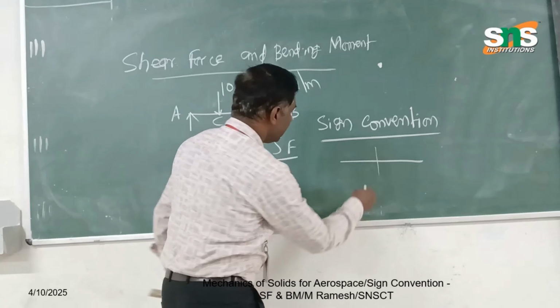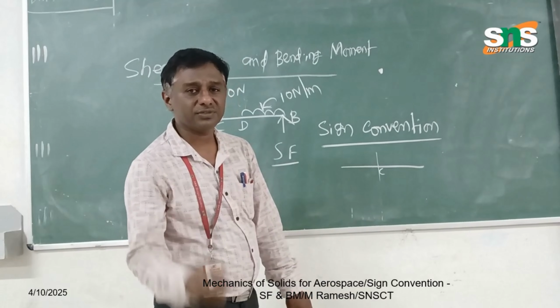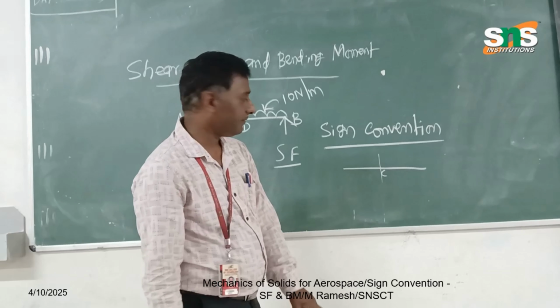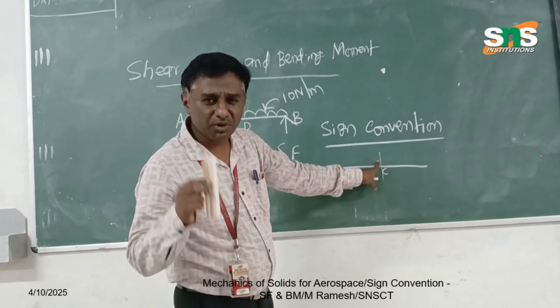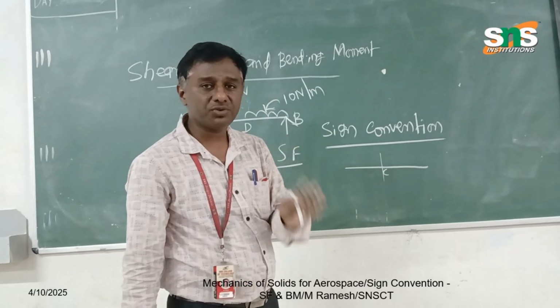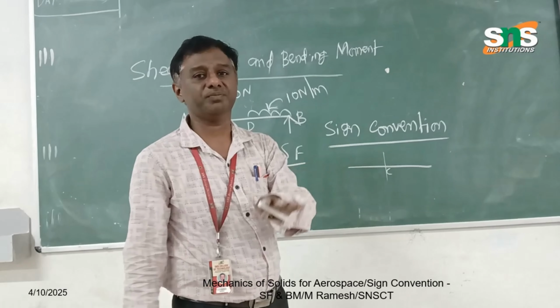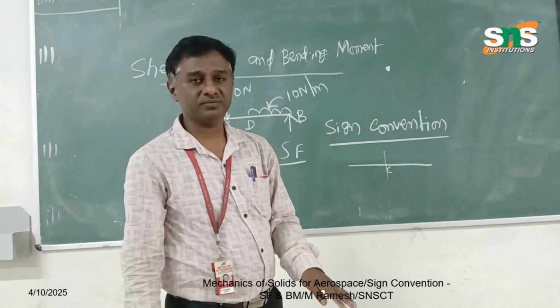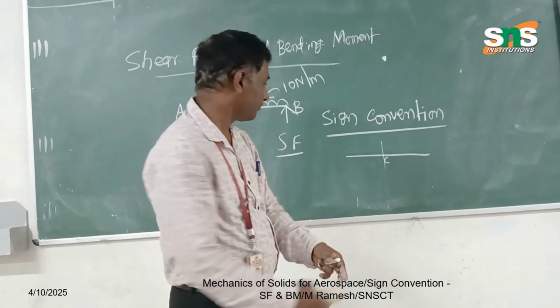Let's take a point C. Here I am going to find the shear force at C. At a particular point you are going to focus on finding the shear force. You have to consider either the right side or the left side of the beam, either one side. Accordingly the sign convention will change.